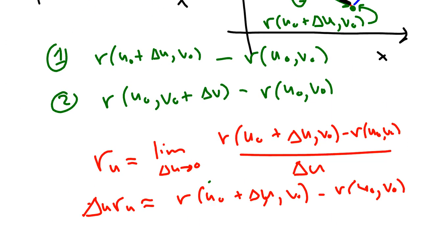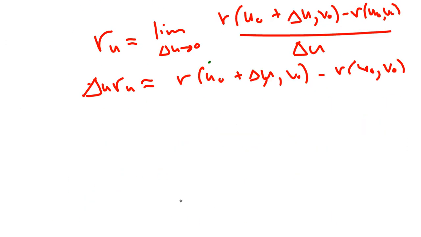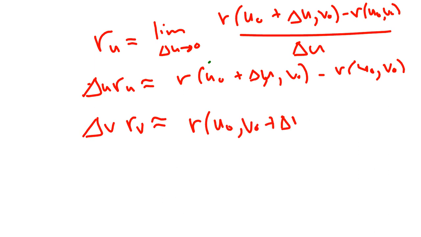We can write that the way we wrote the other one. We can say that delta v times r sub v is approximately r of (u0, v0 plus delta v) minus r of (u0, v0).